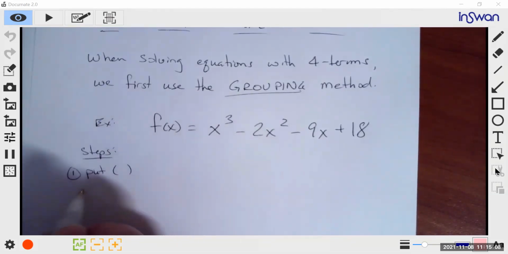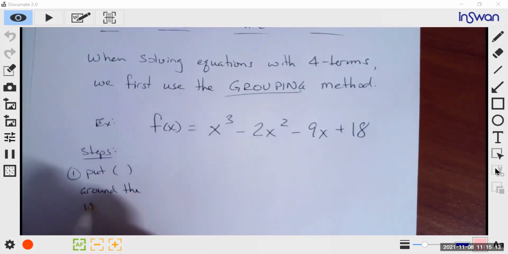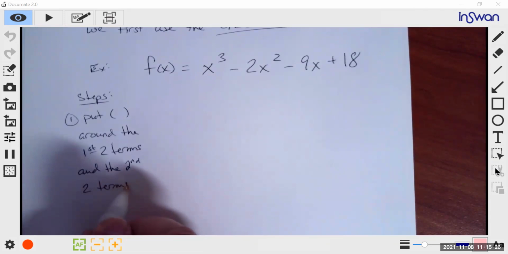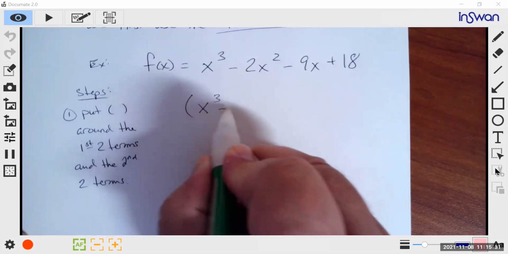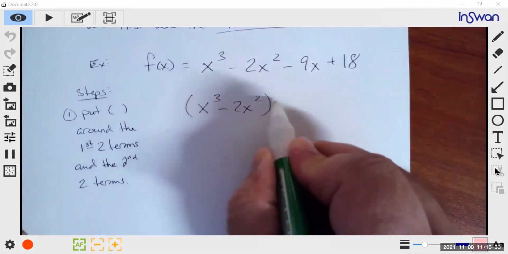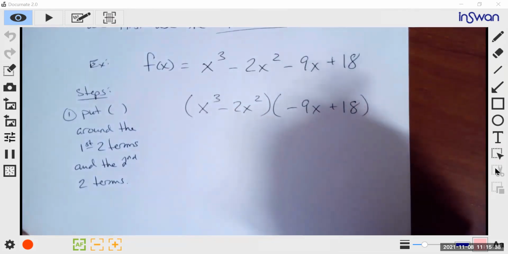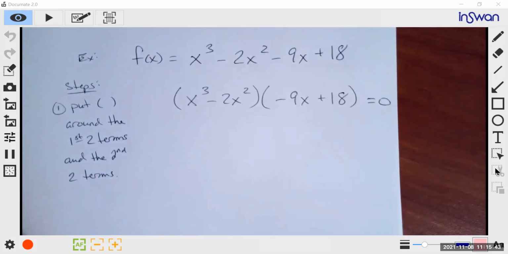Put parentheses around the first 2 terms and the second 2 terms. So x cubed minus 2x squared, and it has to be equal to 0 since we're solving equals 0.